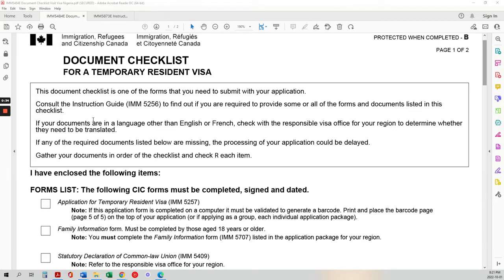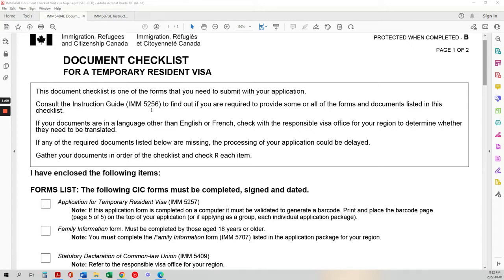Consult the instruction guide, which is the IMM 5256, to find out if you are required to provide some or all of the forms and documents listed in this checklist. If your documents are in a language other than English or French, check with the responsible visa office for your region to determine whether they need to be translated or not.